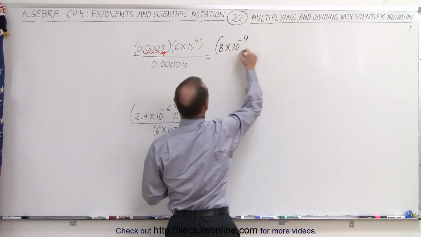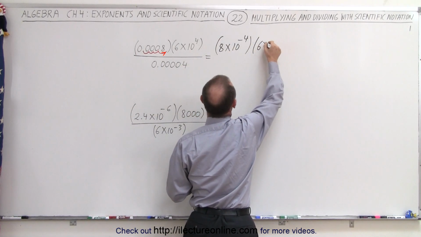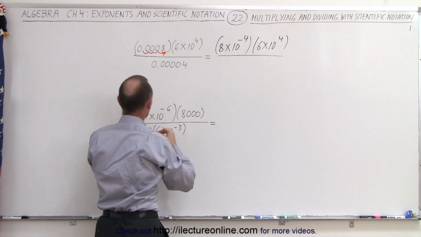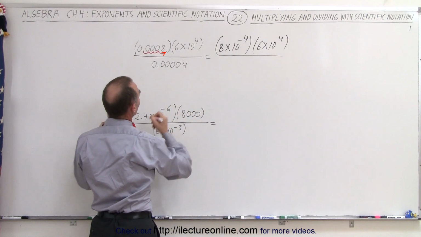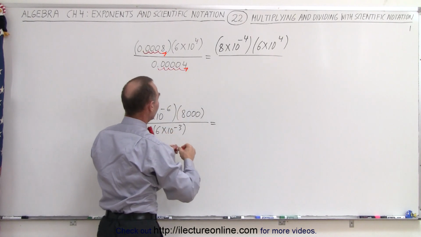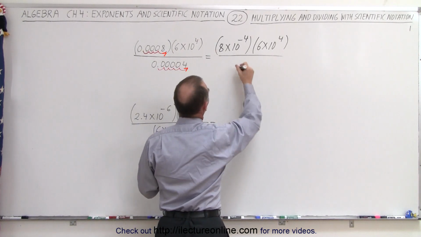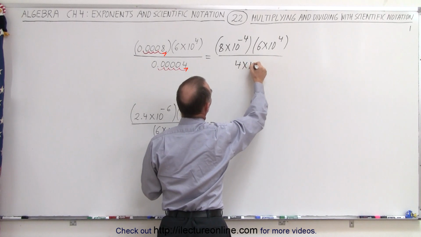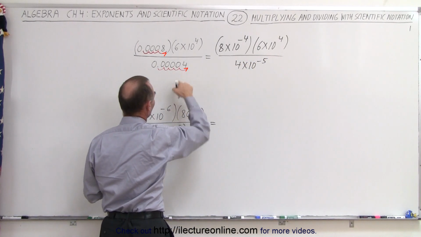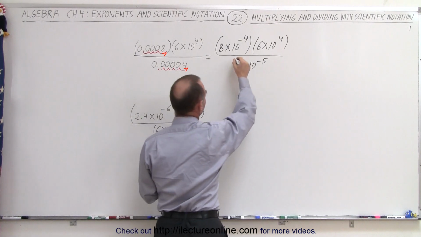And this number here is the same, 6 times 10 to the 4th. And then in the denominator, again, notice, in this case, we have to move the decimal point 1, 2, 3, 4, 5 times to the right. So that number is then written as 4 times 10 to the minus 5, where the 5 corresponds to the number of places the decimal point had to move.